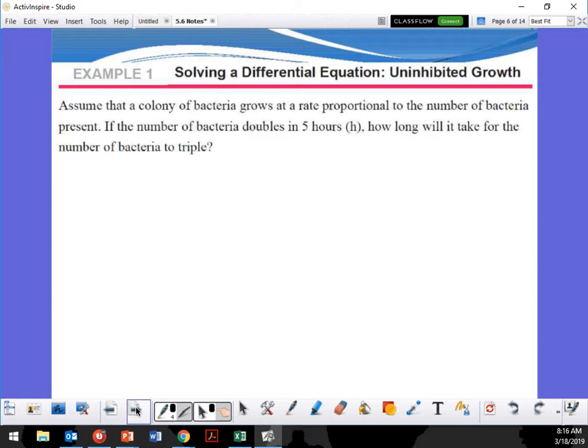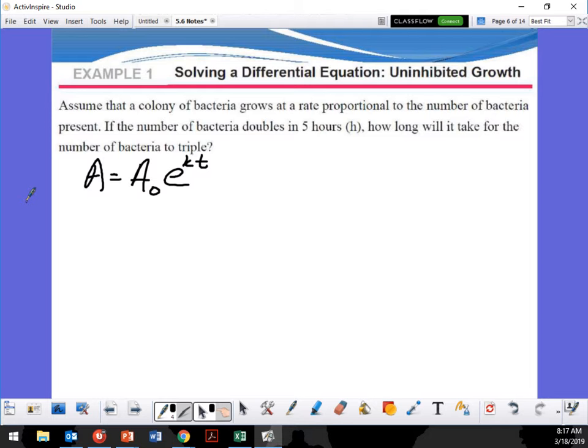Okay, so what is my formula? A equals A sub naught e to the kt, right? All right, a couple things I know. I'm going to have some value.